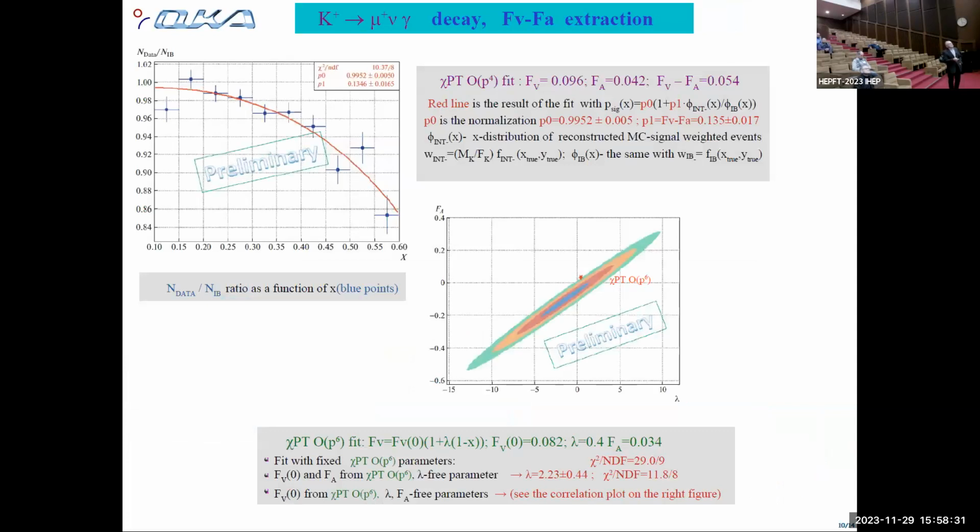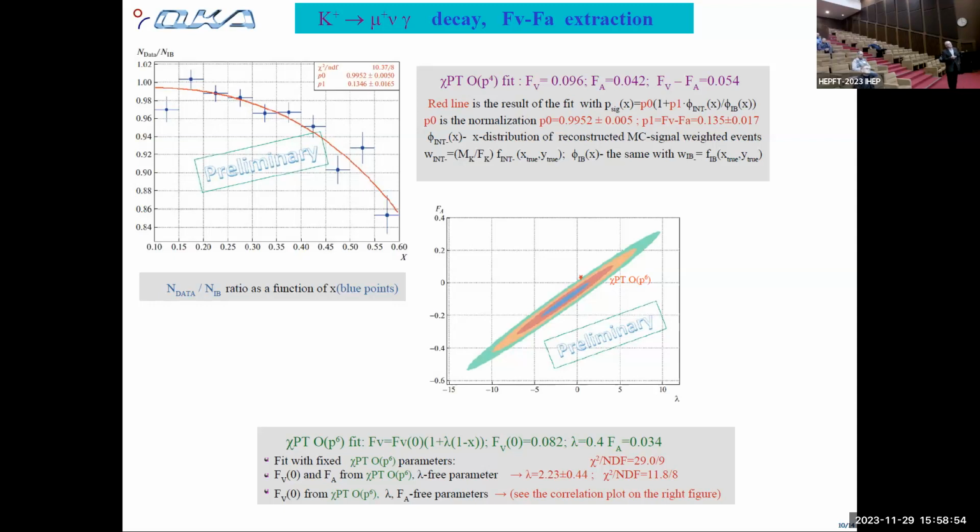So finally, what we have is the number of events in every strip, and we divided by the Monte Carlo, and the Monte Carlo in this case is pure IB, so no structure-dependent terms in the Monte Carlo.